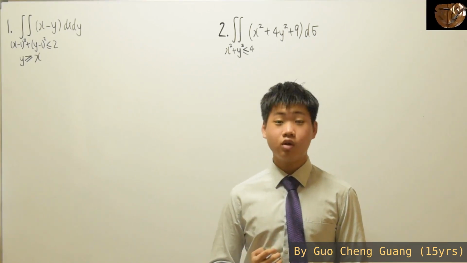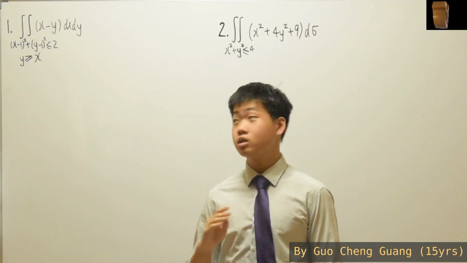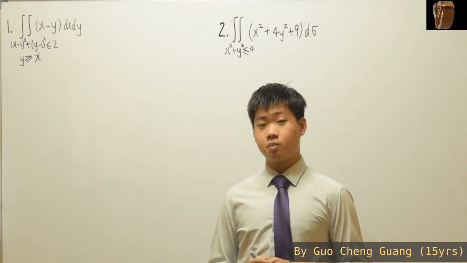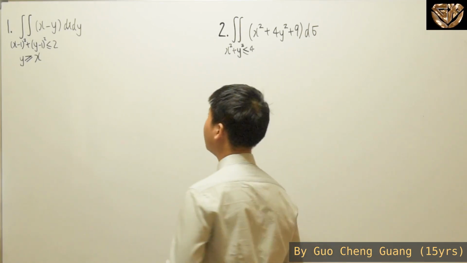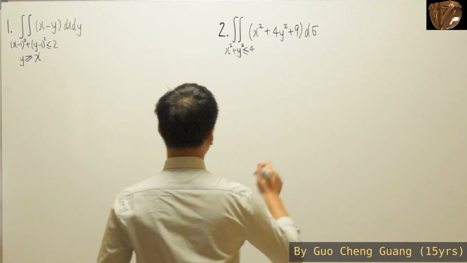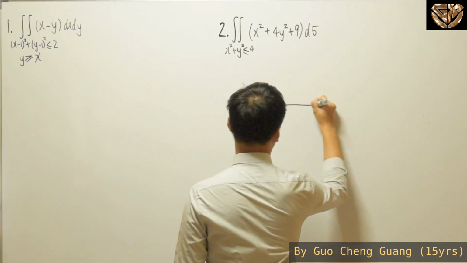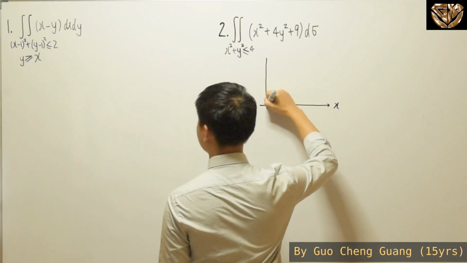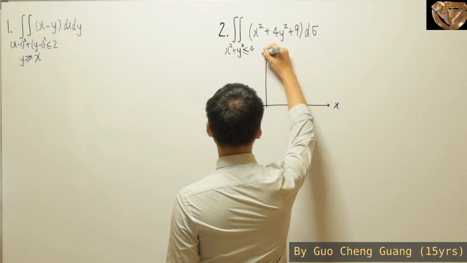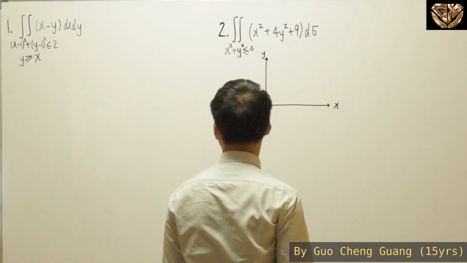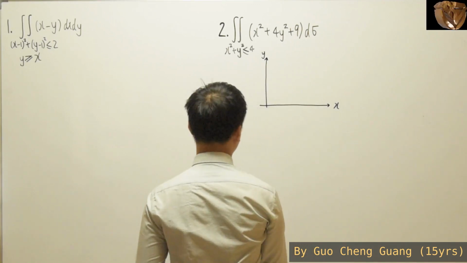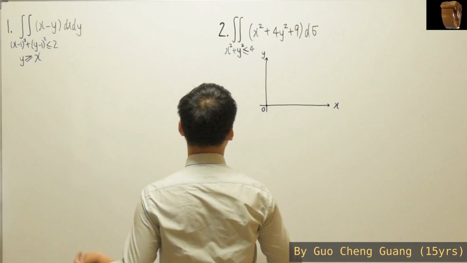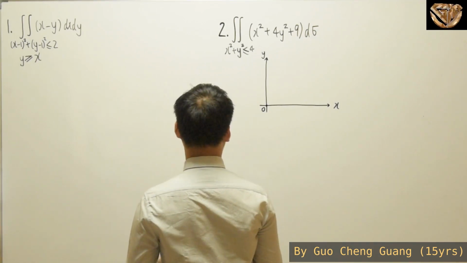First of all, we need to know what this boundary looks like. So what would be so special about this boundary? You will first think about what (x minus 1) squared plus (y minus 1) squared smaller or equal to 2 is. Or as a matter of fact, you can just first think about what if it is equal to 2. So here's our origin, x-axis and y-axis.